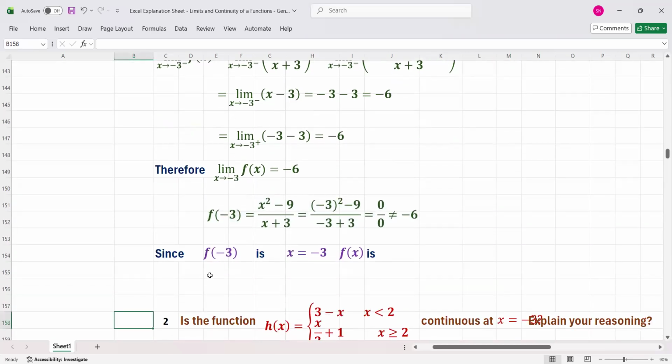Remember, they said we should explain our reason. Since f of x gives us 0 over 0, and it's not equal to the limit of x minus 3 as x approaches negative 3, we can conclude that this function is not continuous.